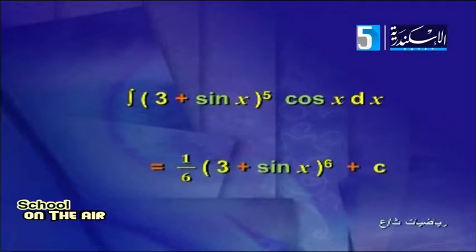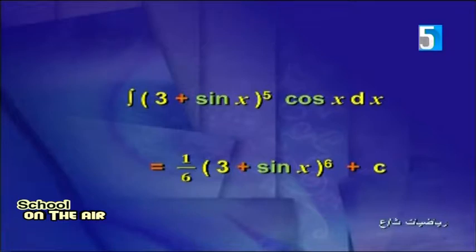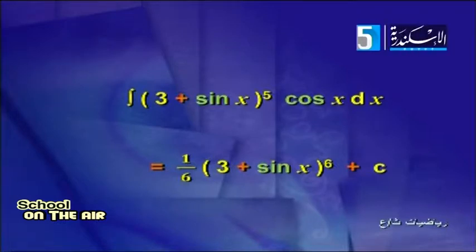We have a function 3 plus sine x to the power 5, and the derivative of this function is cosine x. Now the integration is (3 plus sine x) all power 6 over 6 plus c, or equals 1 over 6 multiplied by the bracket (3 plus sine x) all to the power 6 plus the constant c.